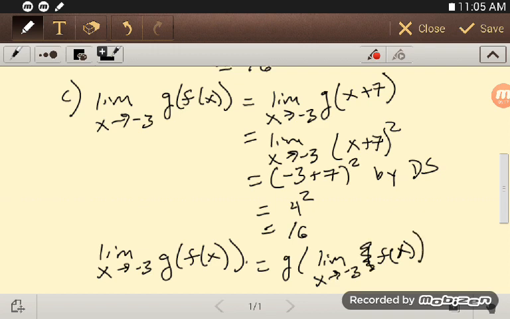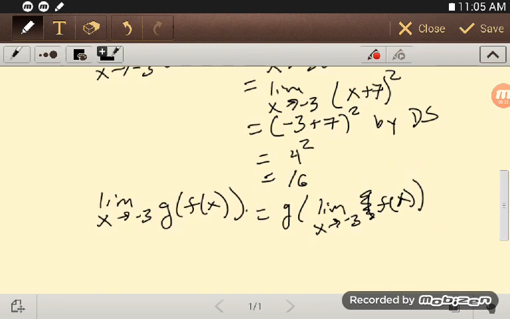Okay, so we have that, but then that's g of 4, which we know is then 16.